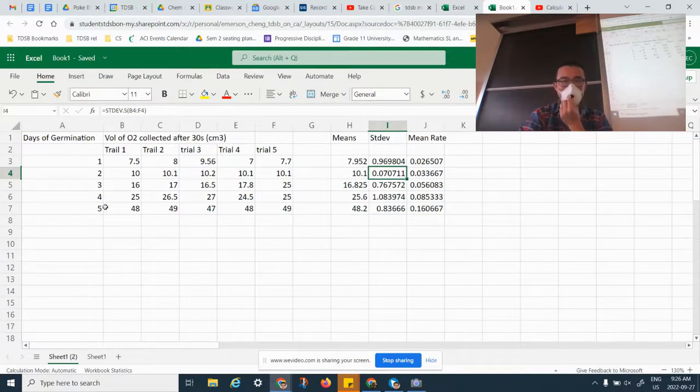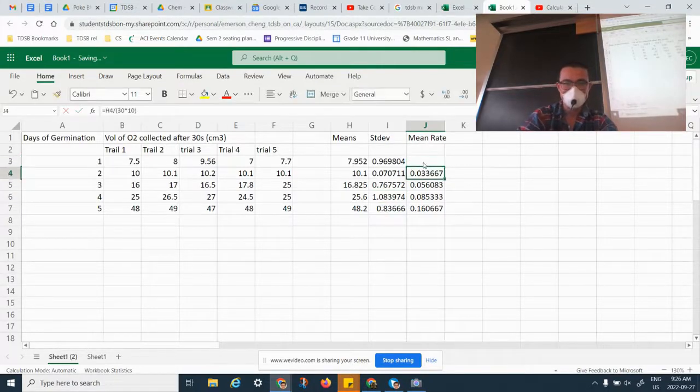Versus if you look at this row here, day 4, you have 25, 26.5, 27, 20. It's pretty widespread. So in this case, your standard deviation, of course, will be a lot bigger. Are you guys good on that? So this is how you calculate standard deviation.